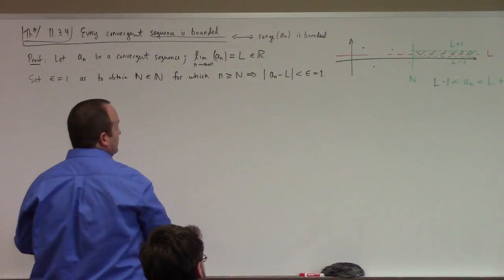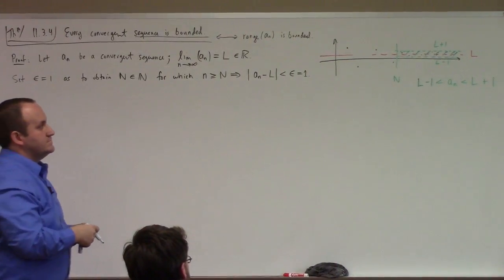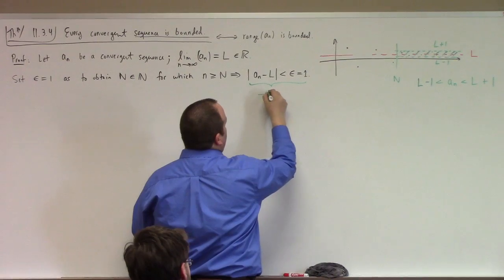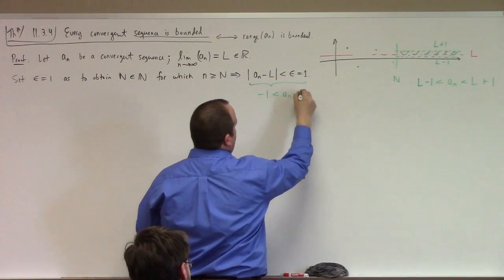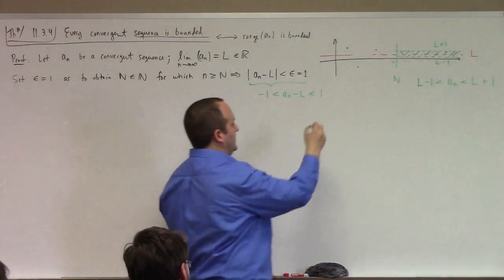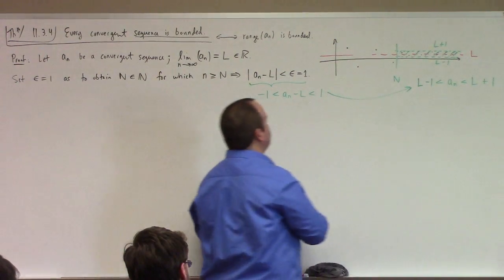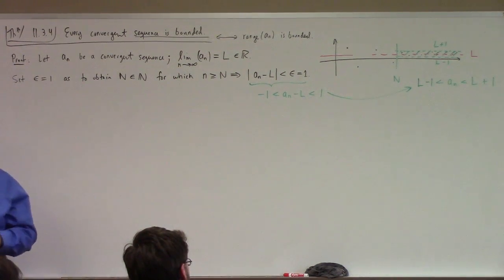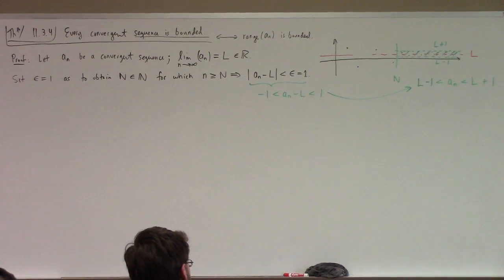If you unwrap this inequality, it says minus 1 less than A sub n minus L less than 1, which, by the way, is exactly that, adding L.